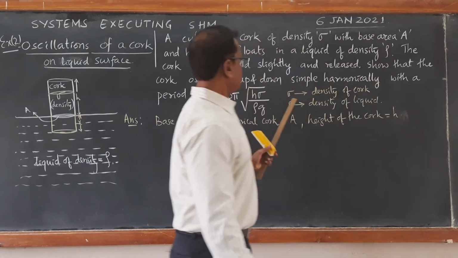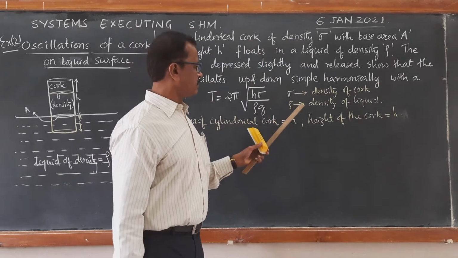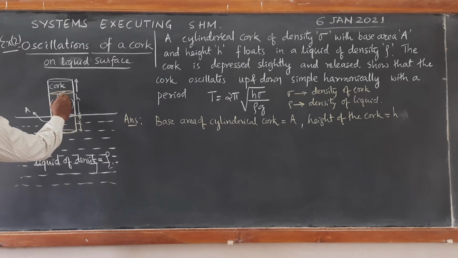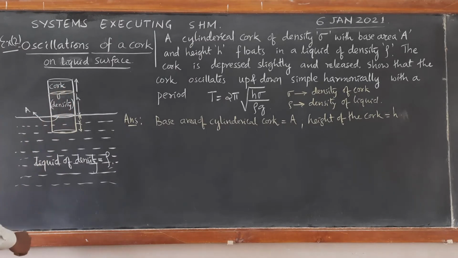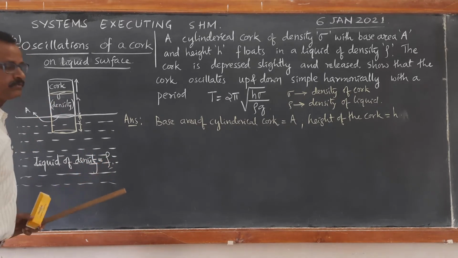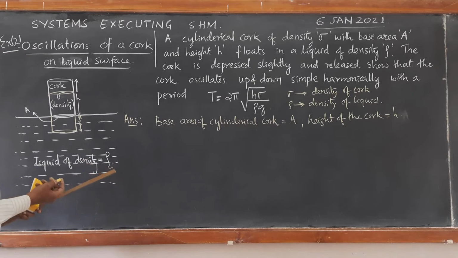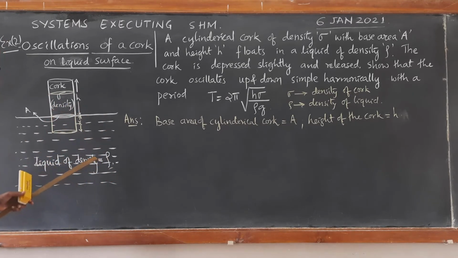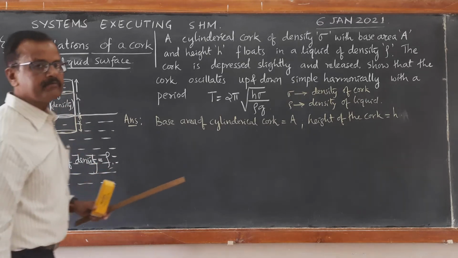I have already given the density of the cork as sigma and the density of the liquid as rho. The density of the cork must be less than the density of the liquid, like water. Since the density of cork is less than that of water, only then can it float.